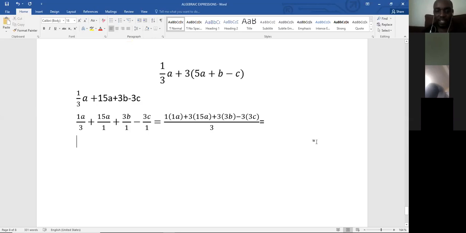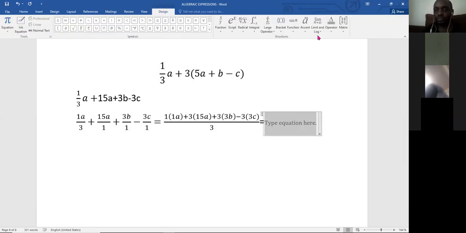Now you can simplify that. 1 times a is obviously a. 3 times 15a, this one I think is 45a. 3 times 3b is 9b.